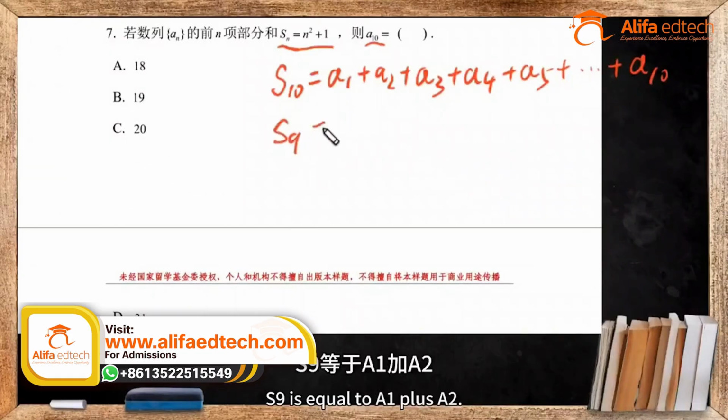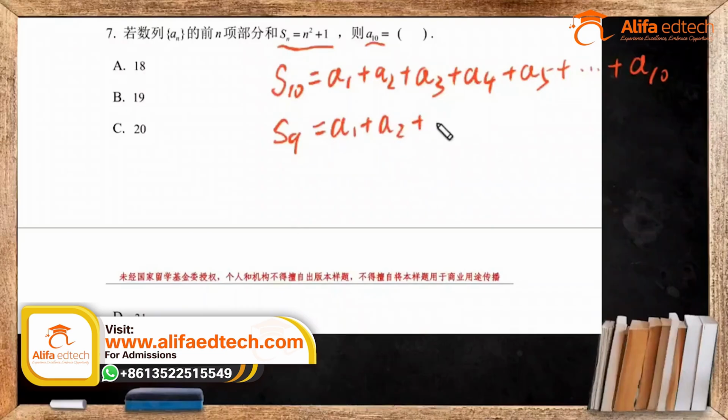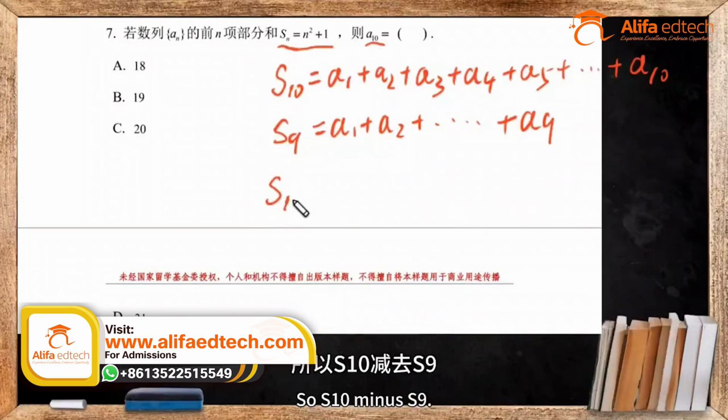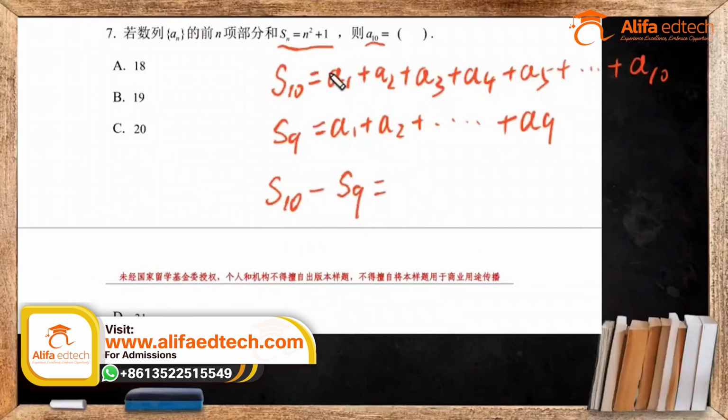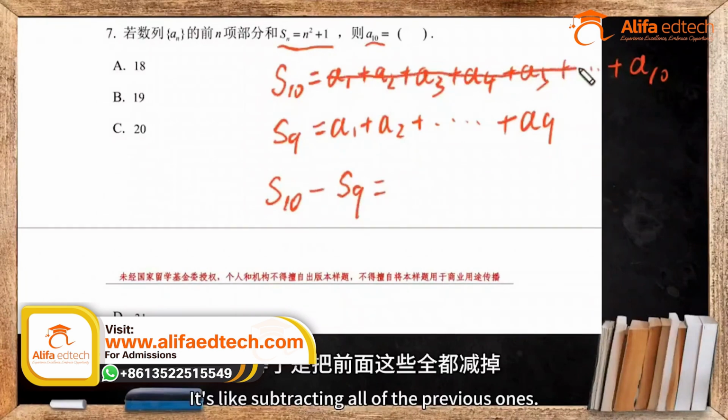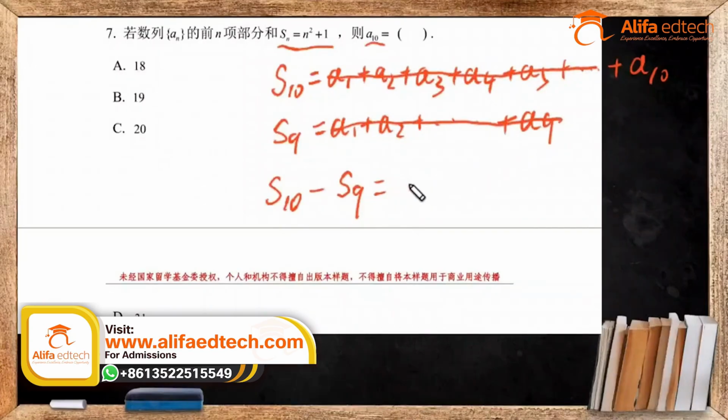The sum S9 equals the first term a sub 1 plus the second term a sub 2, and so on up to a9. So S10 minus S9 is basically cutting off all the previous terms, removing them all. So it equals a10.